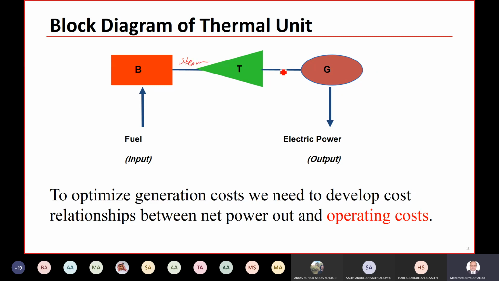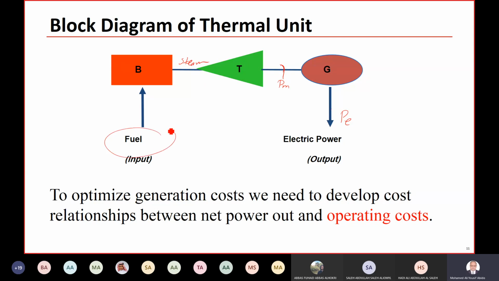You have here steam, and this turbine has a mechanical input, and here is the electrical power output from the generator. And this turbine could be 2-stage or 3-stage, high pressure turbine, medium pressure turbine, low pressure turbine. You can have some reheating also in order to increase the efficiency and so on. But this is generally the schematic diagram of the generation plants.